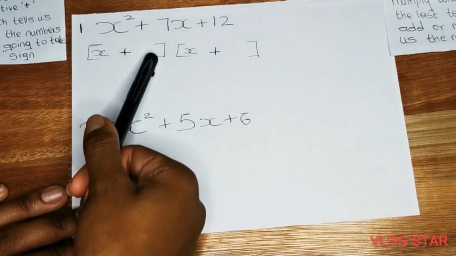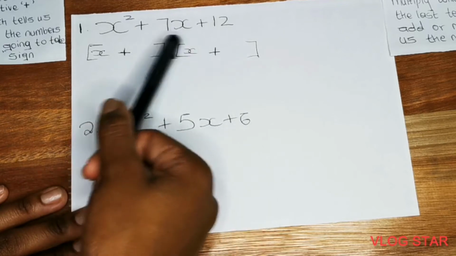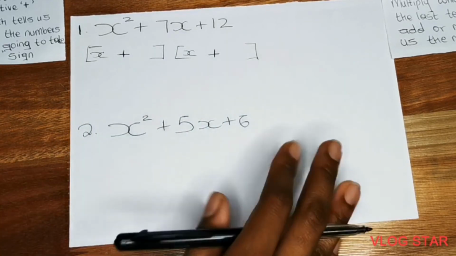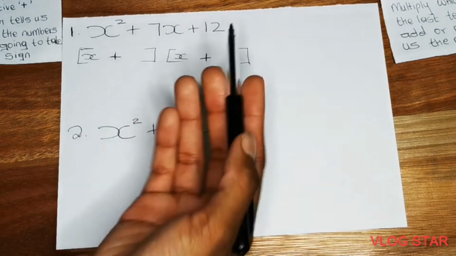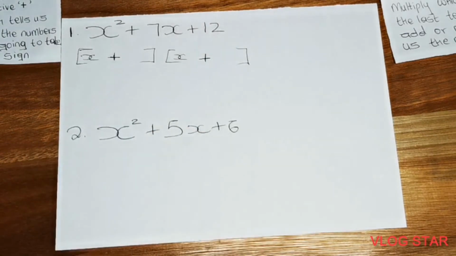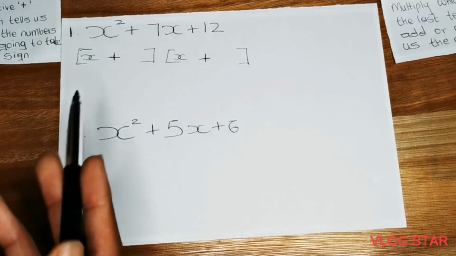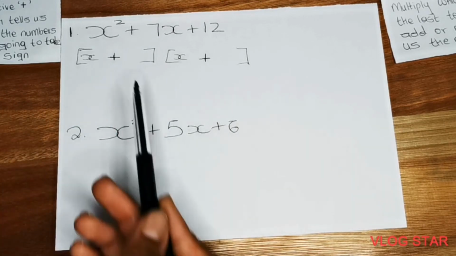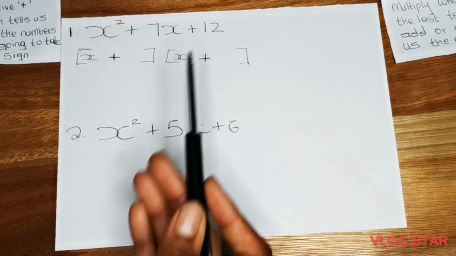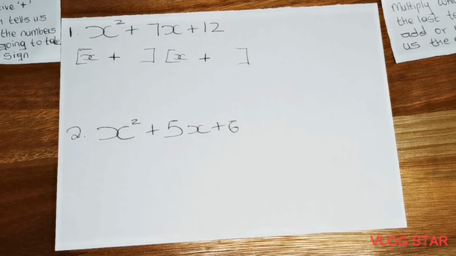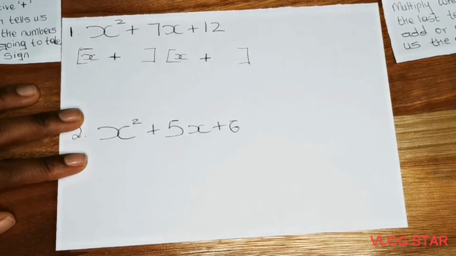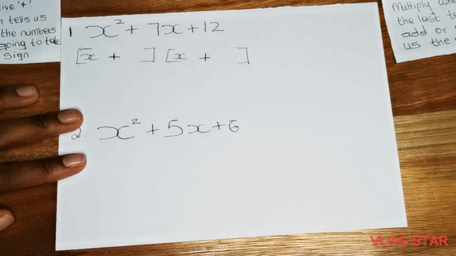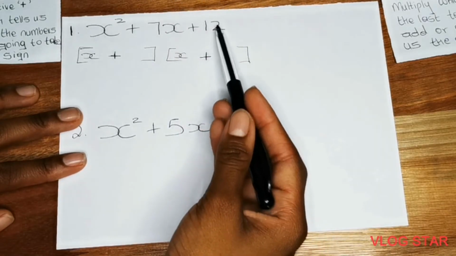We are going to look for numbers that multiply to 12, and then select a pair that adds to 7. I'm saying adds to 7 because a positive sign is for adding.